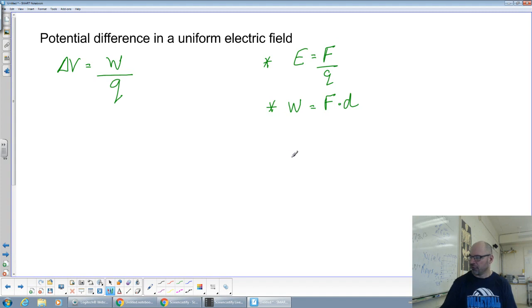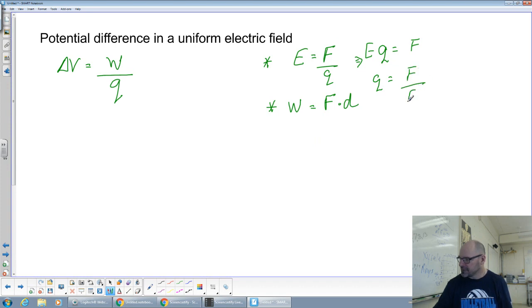Okay, so if we take this equation, plug it in there, rearrange this one for Q. EQ equals force. So if we divide by E, Q equals force over electric field.